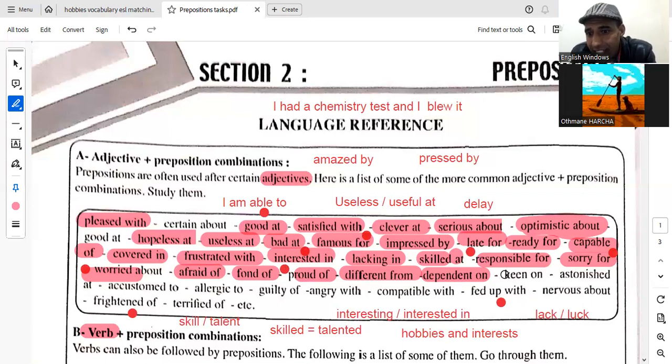Yes. Oh, okay. Keen on. This is another expression we saw, similar to fond of. It is also one of the expressions of likes. I'm keen on something. It means I'm fond of something. It means I like something and I'm committed to practicing that thing.